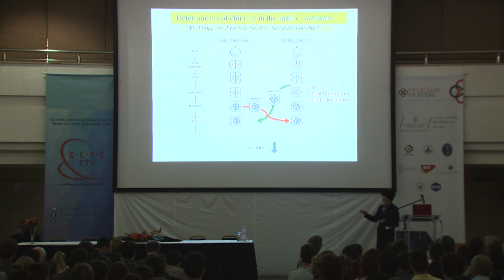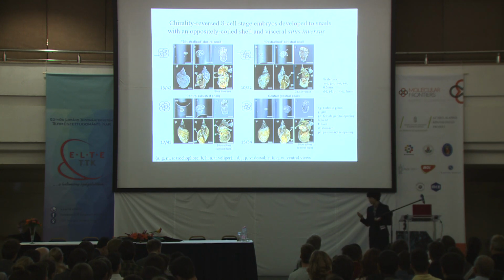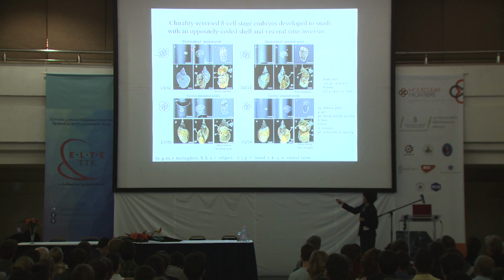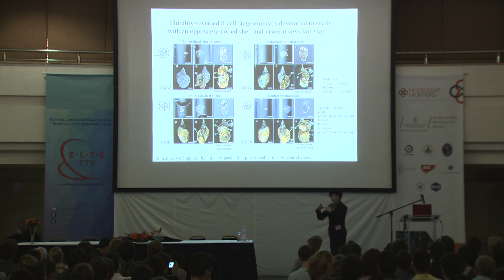What happens? This is how we did it under this sort of microscope, and this is the result. This is the trochophore stage, this is the veliger stage, this is a juvenile, and this is an adult. You see it from different sides, and also you take the shell off to see the internal organs. And this is the dexter snail, but we sinistralized it at the very early embryonic stage.